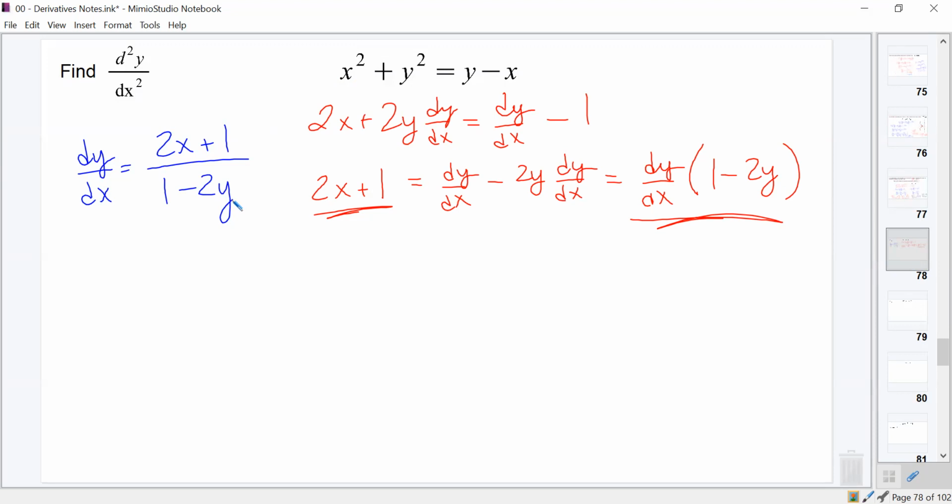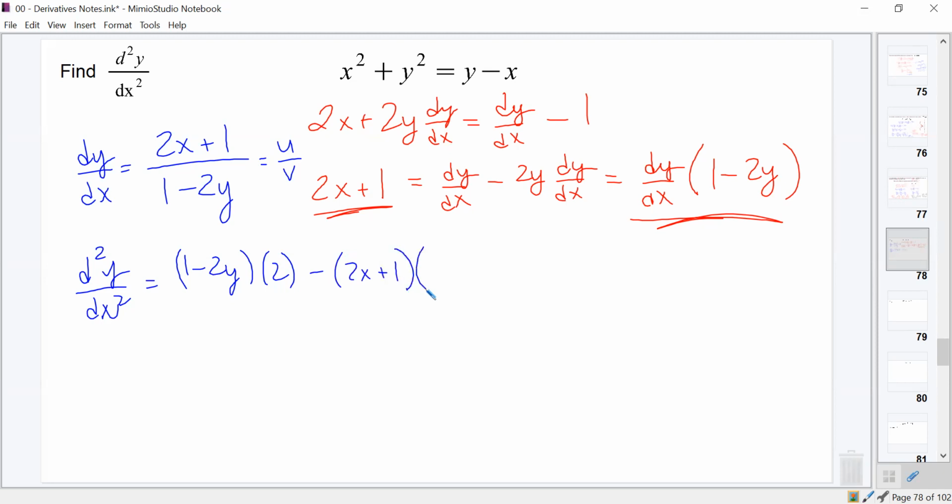So we need to take the derivative with respect to x of dy/dx. Well, in order to do that, we have to treat this as a quotient of two functions, u divided by v. So this will start out as v times the derivative of u, so v du, minus u times the derivative of v.